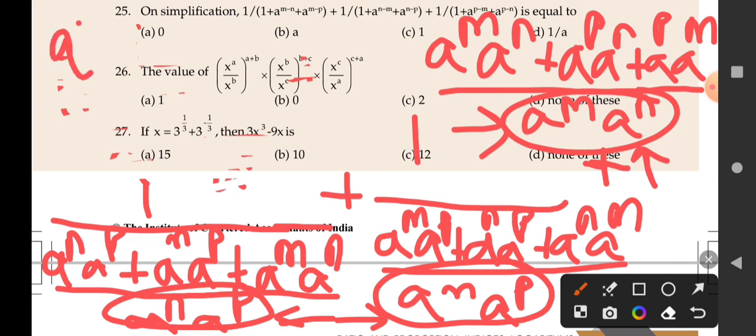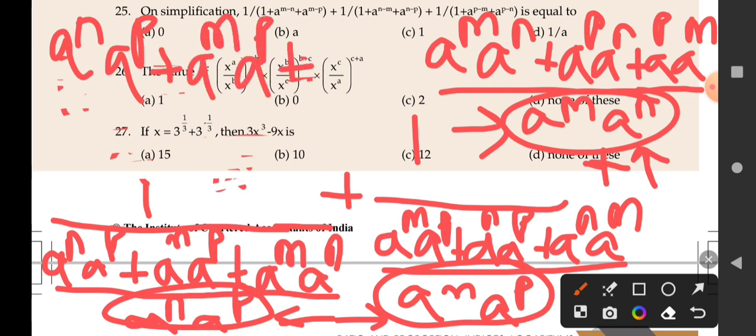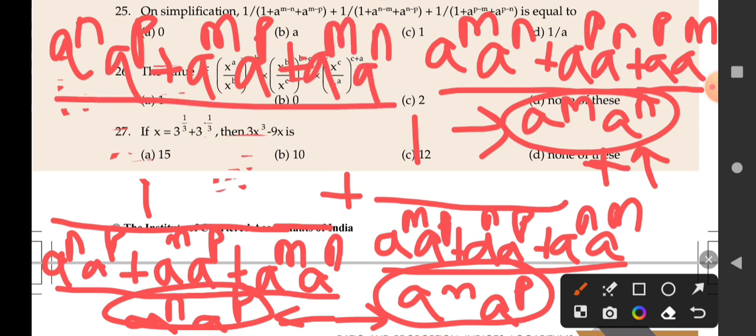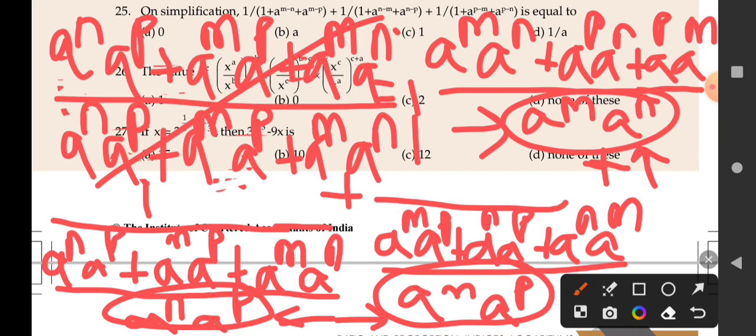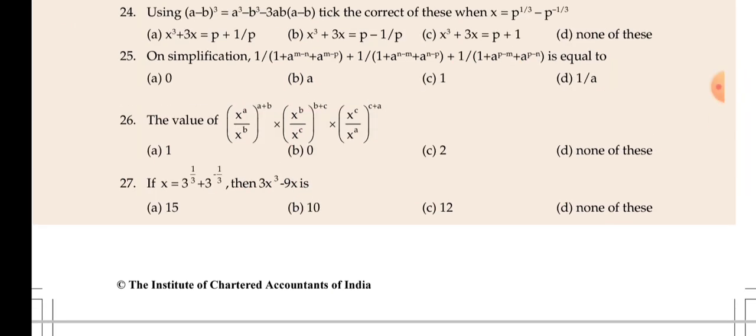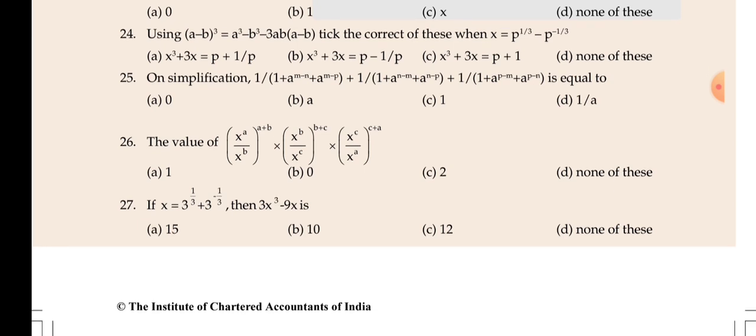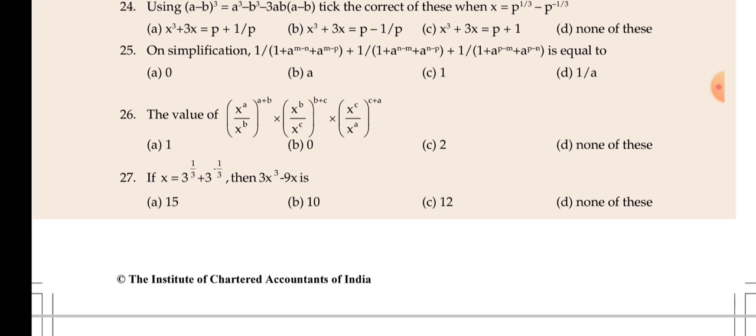We have a power n, a power p, plus a power m, a power p, plus a power m, a power n, divided by a power n, a power p, plus a power m, a power p, plus a power m, a power n, and the whole gets cancelled, you get equals to 1. Option number C. For such big equations, you have very simple solutions. So this answer is option number C.